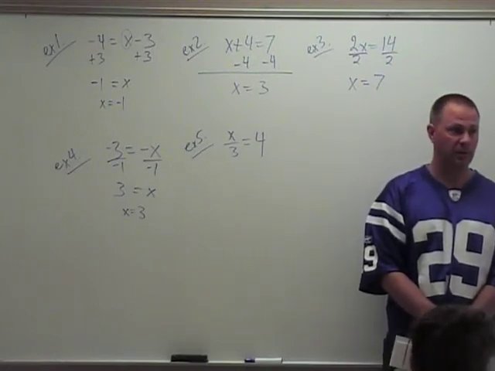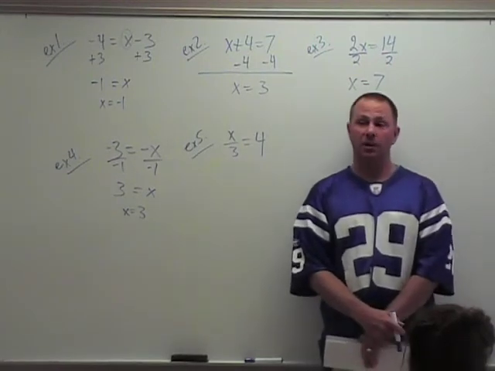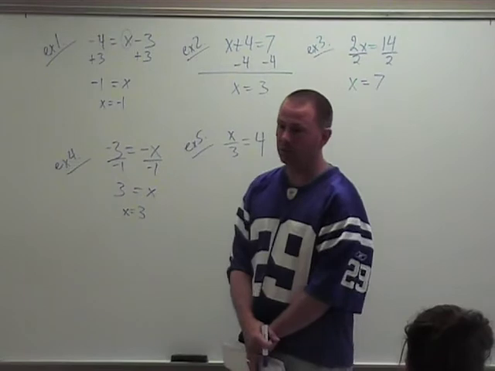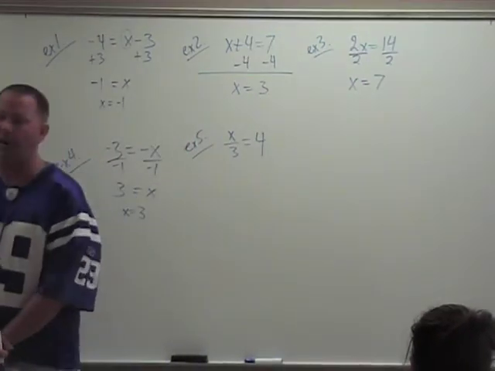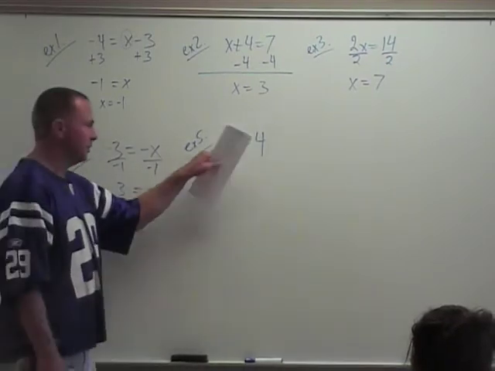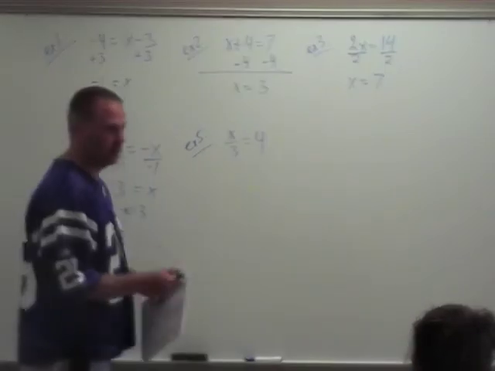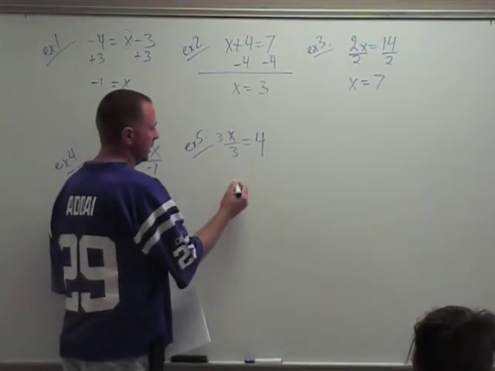You all see it? And that's why multiplying by 3 is really what you're doing. You're multiplying by the reciprocal of that fraction. But in general, on the surface, you're dividing by 3, so you multiply by 3, because 3x over 3 is the same as 1x.